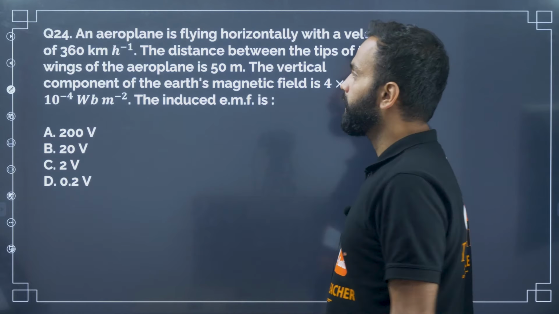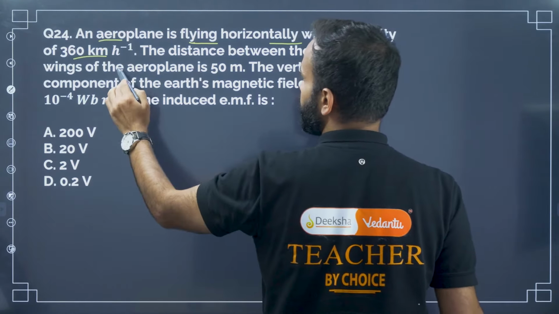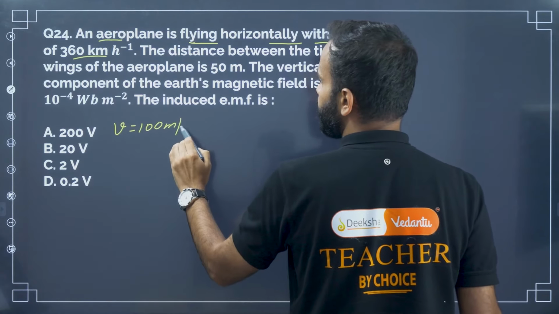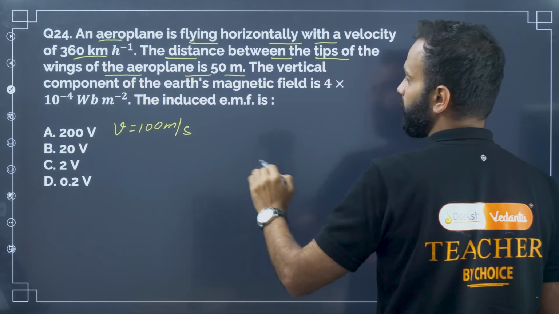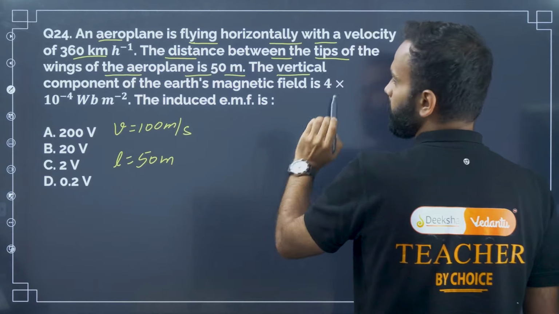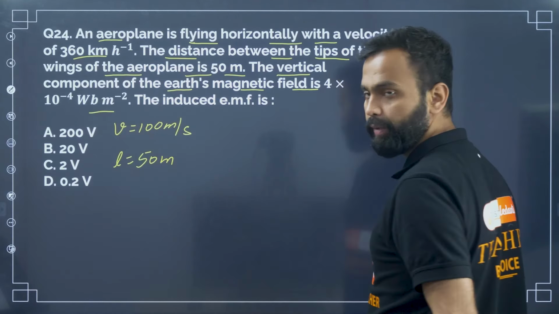Question number 24. An aeroplane is flying horizontally with the velocity of 360 km per hour, that is V equal to 100 meter per second. The distance between the tips of the wings of the plane is 50 meter, that is L equal to 50 meter. The vertical component of the Earth's magnetic field is 4 into 10 to the power minus 4 Weber per meter square.